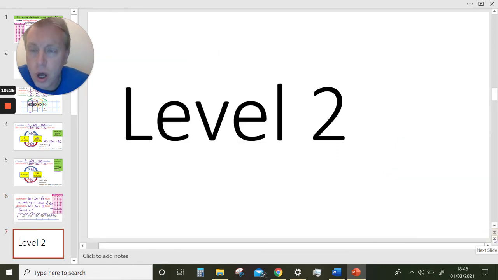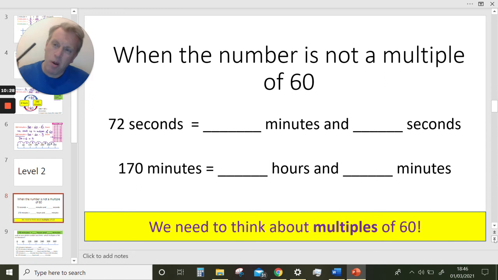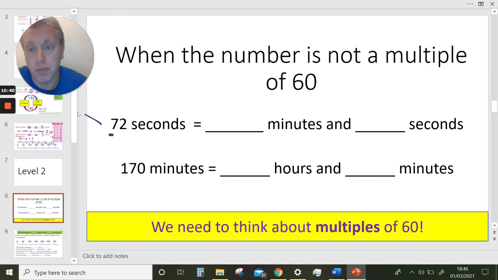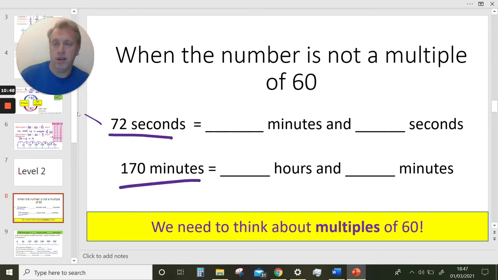Level 2. When the number of minutes or seconds is not a multiple of 60. 72 seconds. 72 is not a multiple of 60. Not on the 60 times table. 170 minutes is not on the 60 multiples of 60.